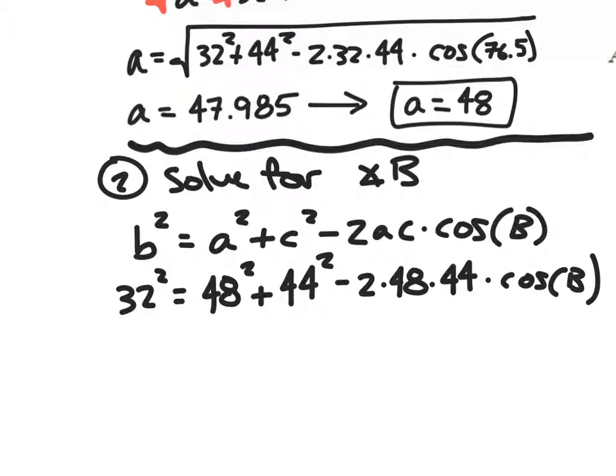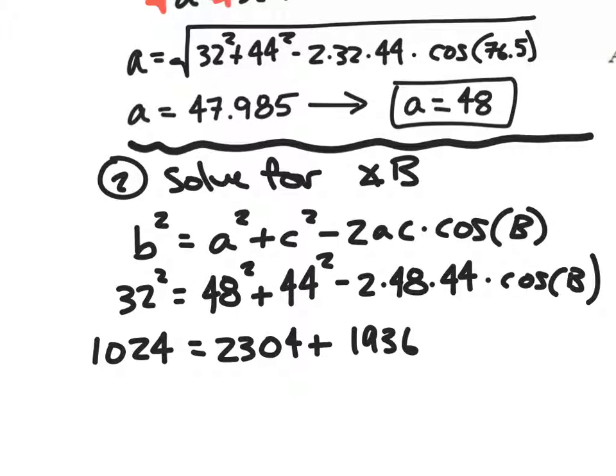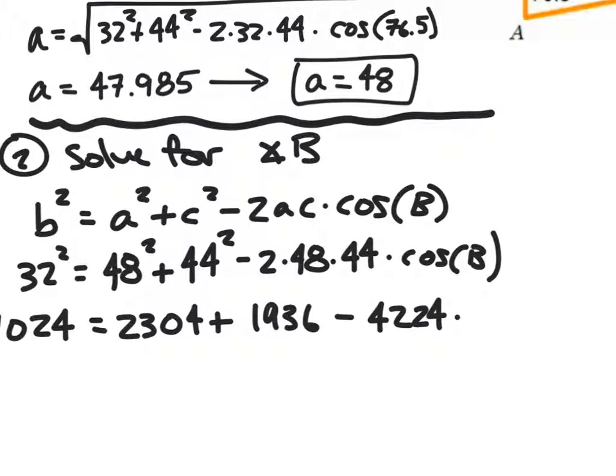So 32 squared is 1,024, okay? 48 squared is 2,304, plus 44 squared, which is 1,936. So now I've got negative 2 times 48 times 44, which gives me minus 4,224 times cosine of angle B.